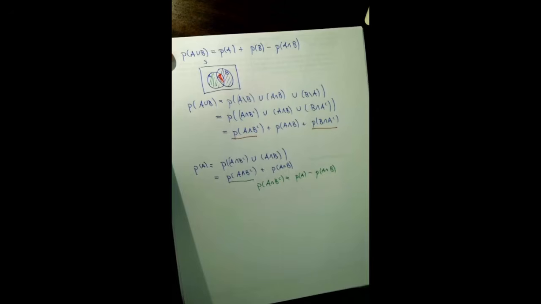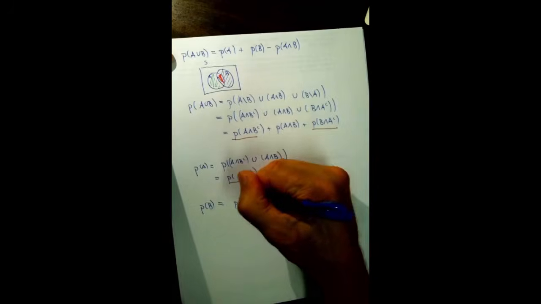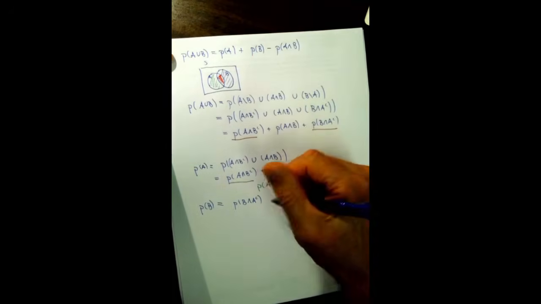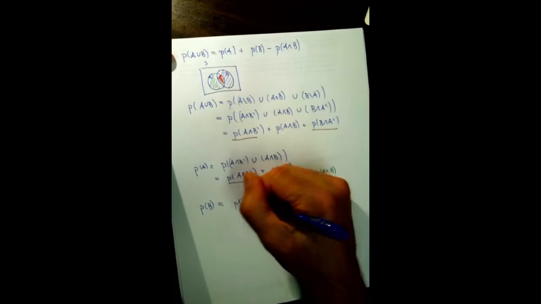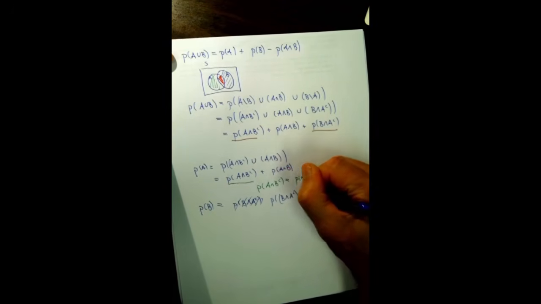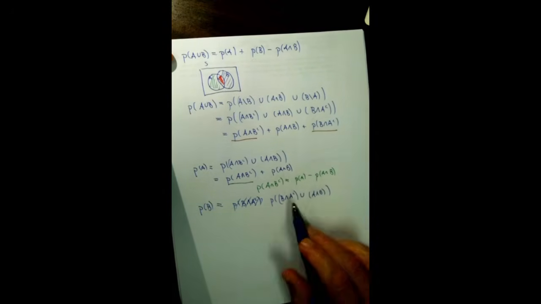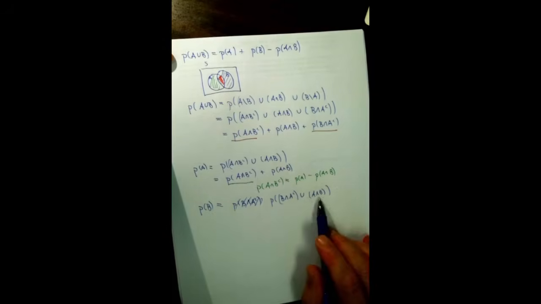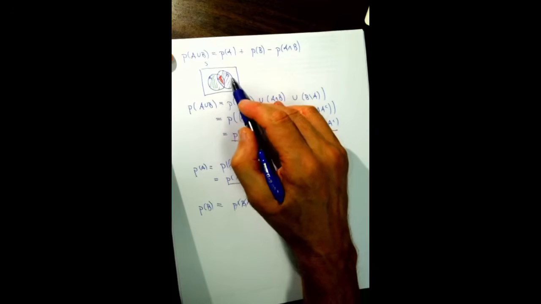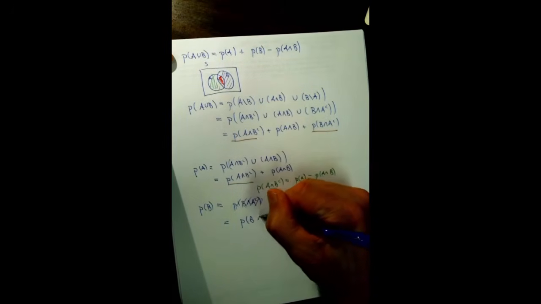And I'm going to do the exact same thing with B. The probability of B, well, I can be in B and not A, so that gives me the stuff in here. Let me rewrite that. I could be in B and not A, or I could be in A and B. And notice these two sets are disjoint because it's basically this set in here in red, it's in both, or the stuff that's in B but not A. So I can use our previous results.